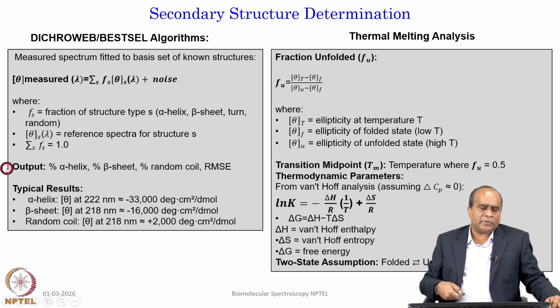So, typical results we get are for alpha helix, that you put as 33,000 per degree, because that is a theta for this, beta sheet and random coil. So, these are the results we get.